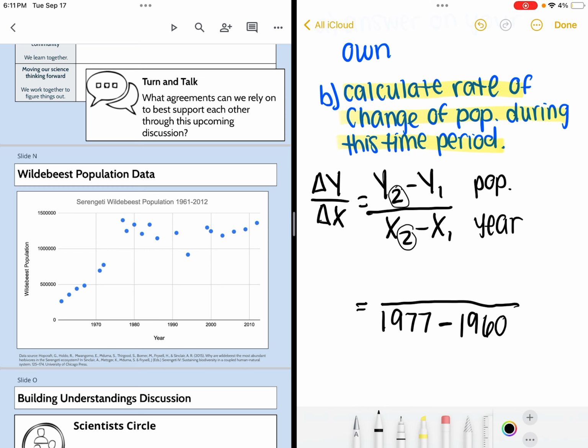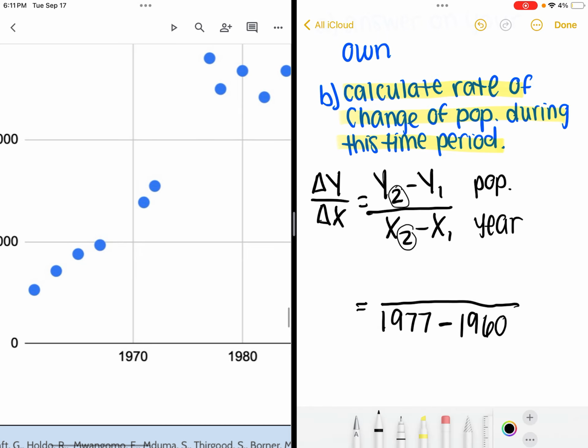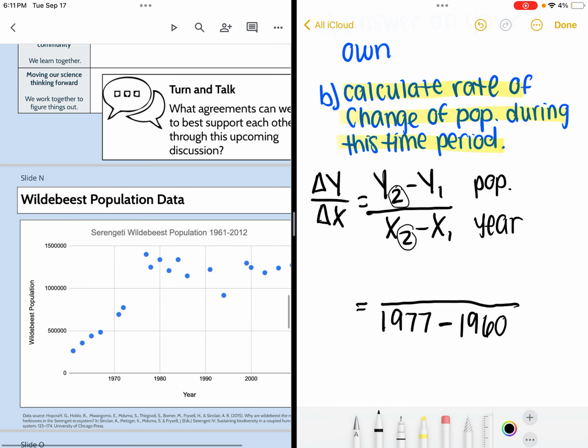Now we're going to have to use the graph to get a rough estimate of the wildebeest population. I know it's kind of hard to see. If it's easier to get a straight edge and draw it across, you can. But let's look at 1960. So it says that the first data point is 1961, so that's going to be the closest data point that we can pick here.